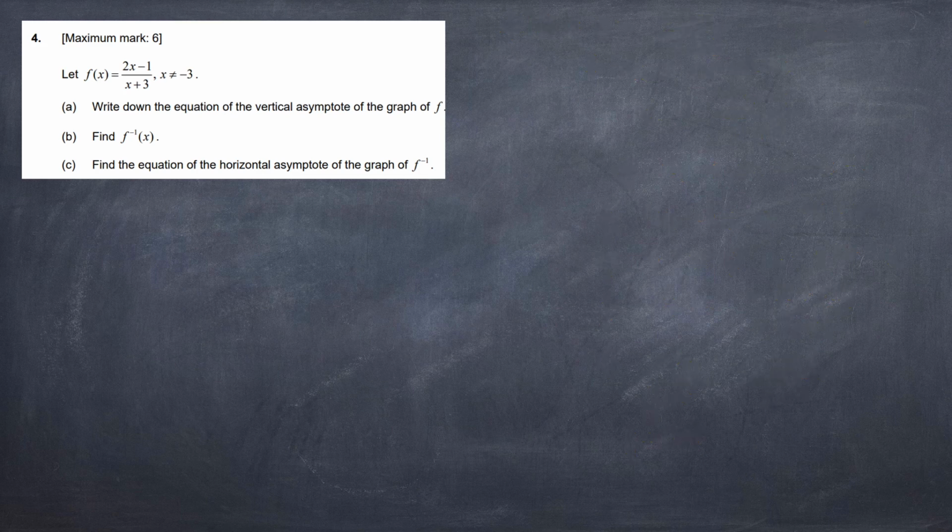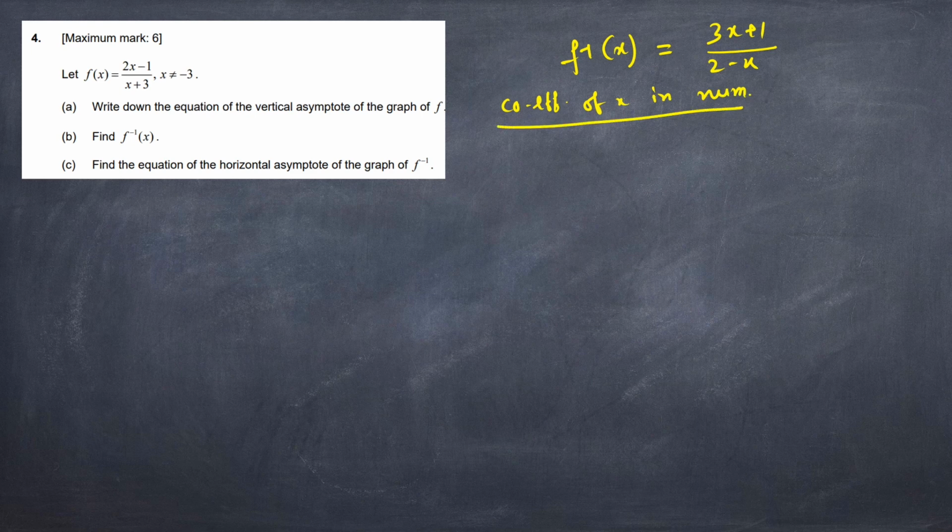Now find the equation. First we write f inverse of x is equal to 3x plus 1 divided by 2 minus x. In the question, we are asked to find the equation of the horizontal asymptote of the graph of f inverse. To find the horizontal asymptote, it is very easy. It is the coefficient of x in the numerator divided by the coefficient of x in the denominator.